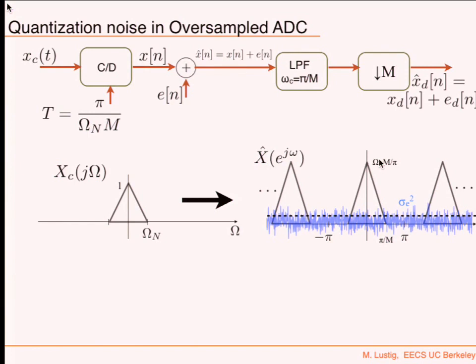No, right? It's nothing, right? So that means that the variance of the quantization noise is going to be independent of the sampling rate. It's always going to be basically the same variance that we calculated. Right? So the variance is going to be exactly the same.